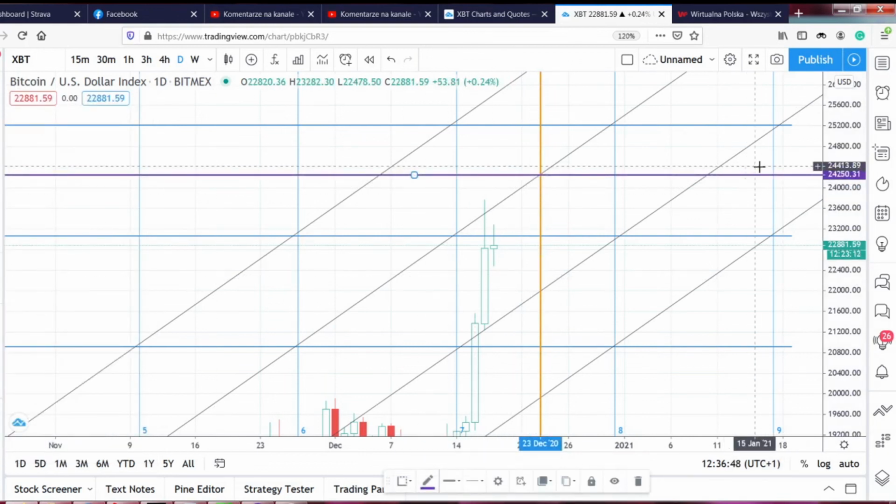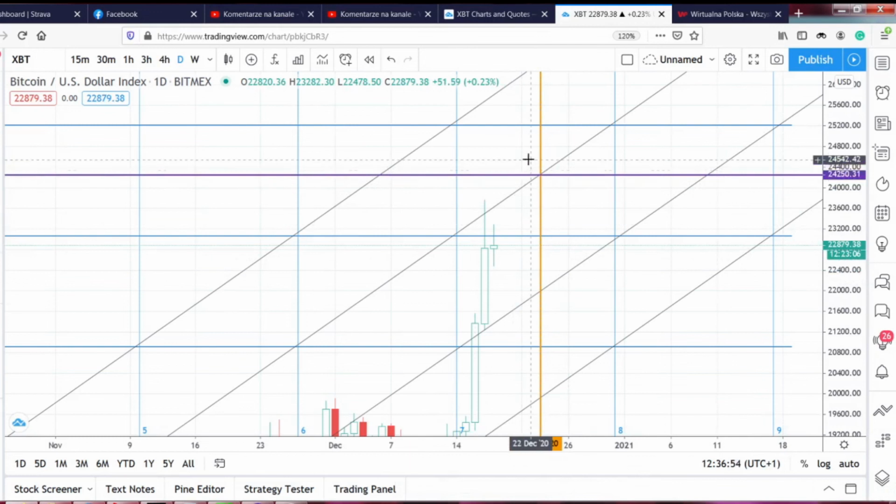So it looks like harmonically the market might think about local reversal and coming back to this line. But first it has to close above this line, which is at the moment 23,000 on Bitcoin. We will see what's gonna happen.